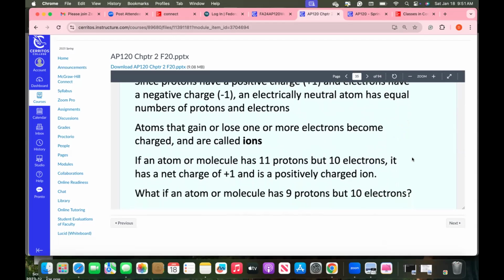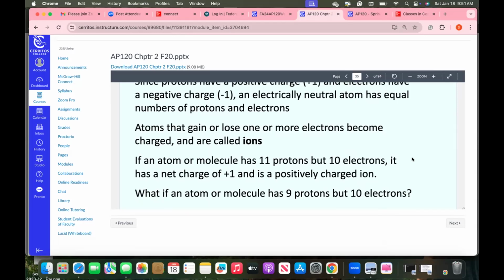It's positively charged. This is just like mathematics. 11 positives, 10 negatives. They cancel each other, but you have one proton left. Protons are positive, so it has a net charge of +1.